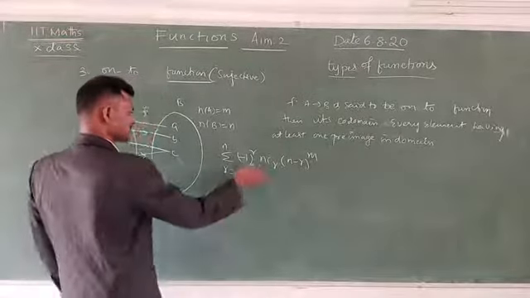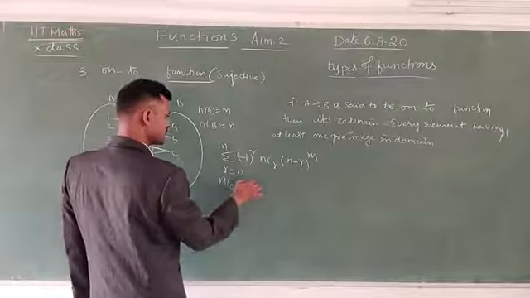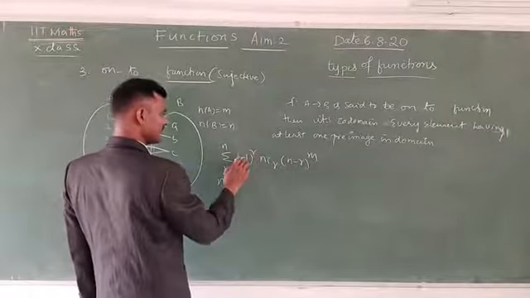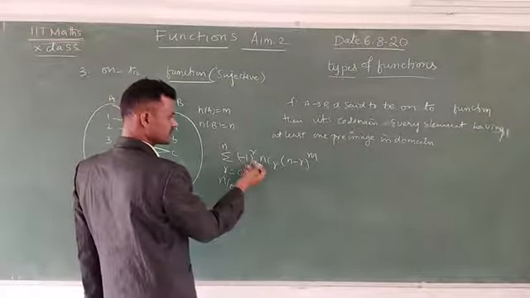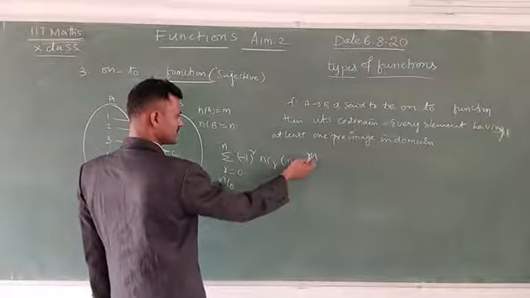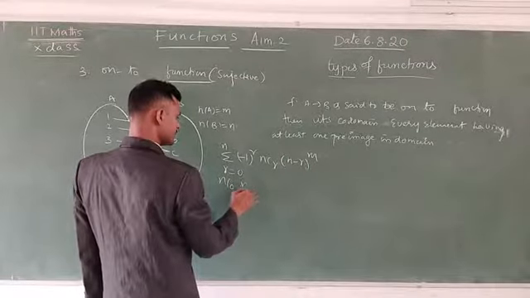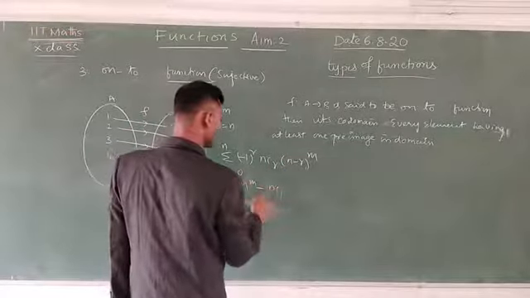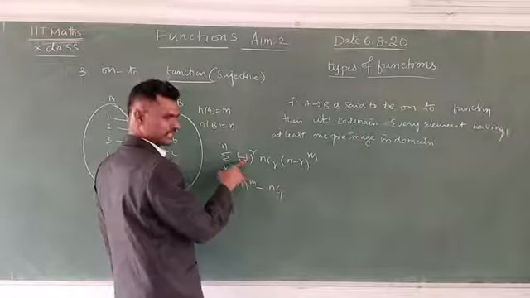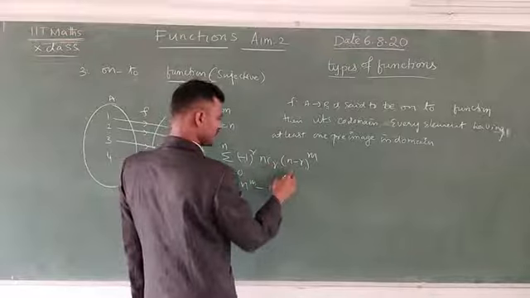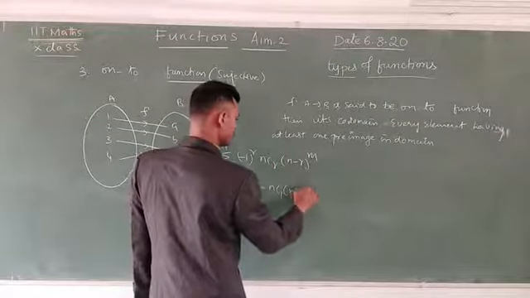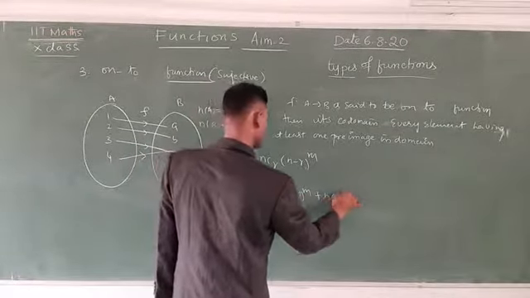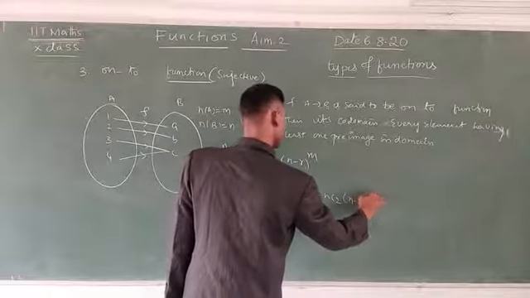You can expand this one: for r equal to 0, minus 1 power 0 means 1, that's why this is positive nC0 (n minus 0) power m, minus nC1 (n minus 1) power m, plus nC2 (n minus 2) power m, and so on.